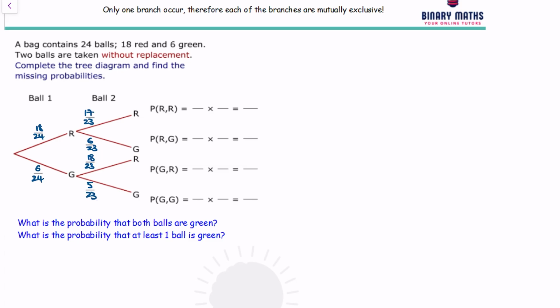So if we want to work out each probability individually, because picking the first ball and picking the second ball are independent, we can multiply probabilities together to get the probability of all the combinations. The probability of red-red will be 18 out of 24 times 17 over 23. If you put that into your calculator, you get 51 out of 92. The probability of red-green will be 18 out of 24 times 6 out of 23, which gives me 18 out of 92.